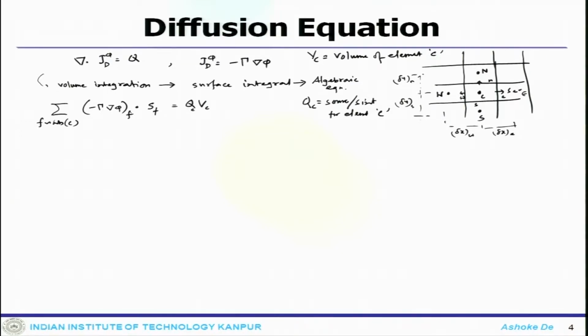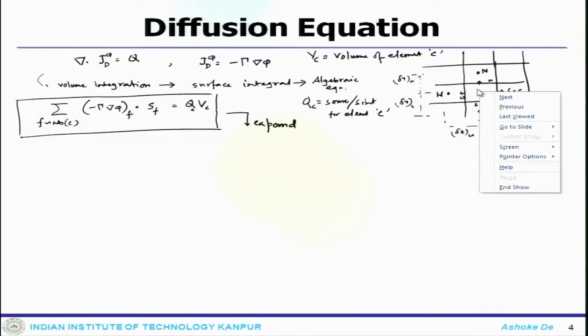You get this algebraic system. If you expand it, it is written for this element C, and it goes over these 4 surfaces.